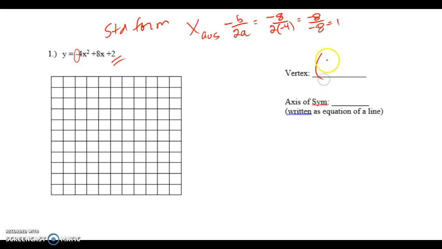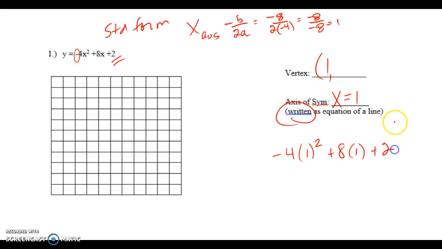To find the vertex, and when I want this written as an equation of a line, this is a vertical line, x equals 1. To find the rest of the vertex, the y, we have to plug in 1. Negative 4 times 1 squared, plus 8 times 1, plus 2. So this is negative 4 plus 8 plus 2 equals 6.